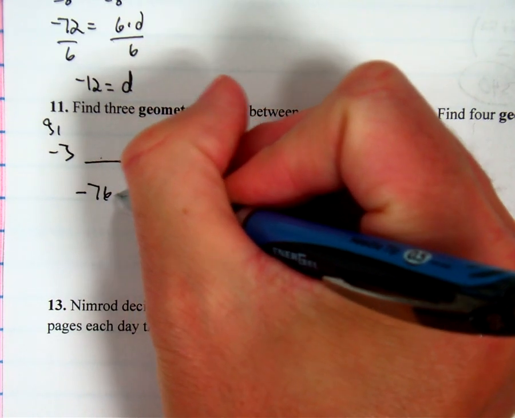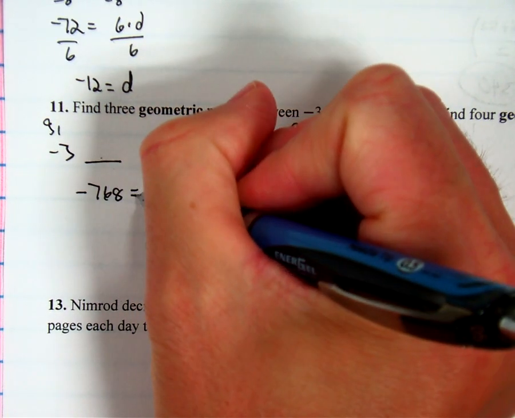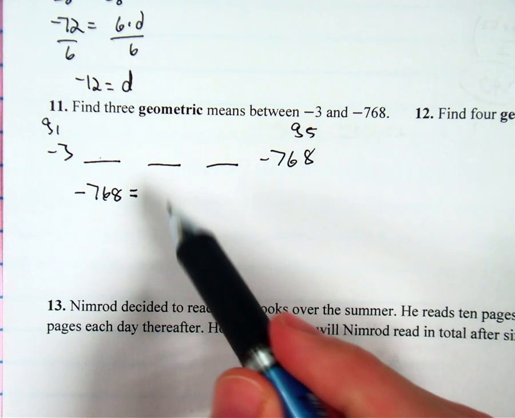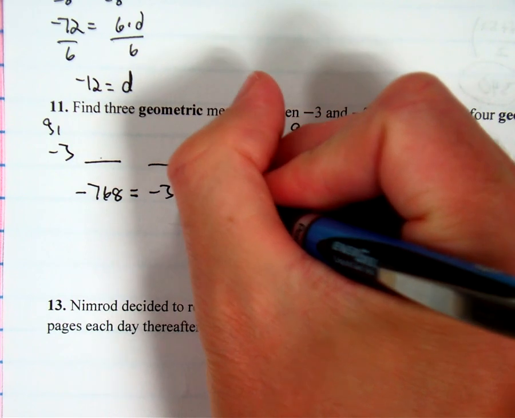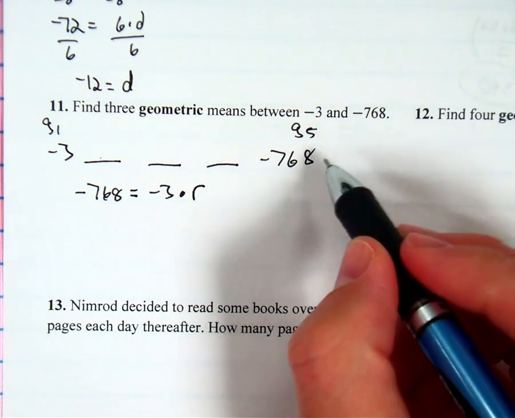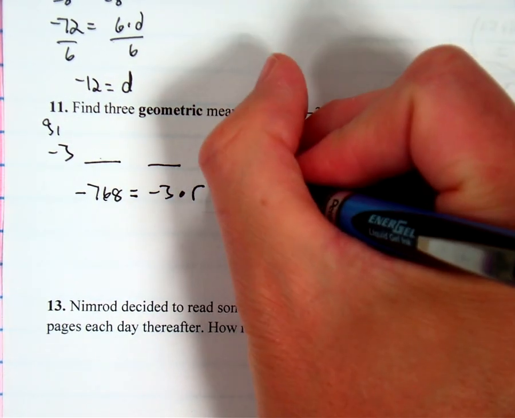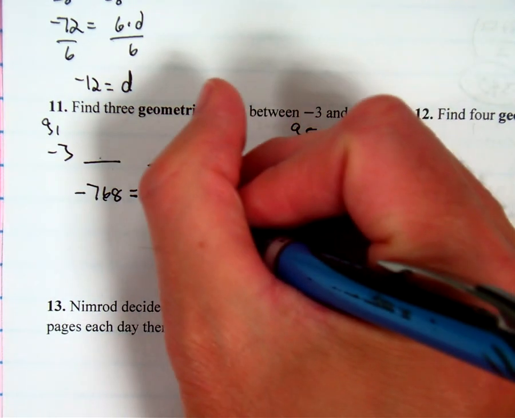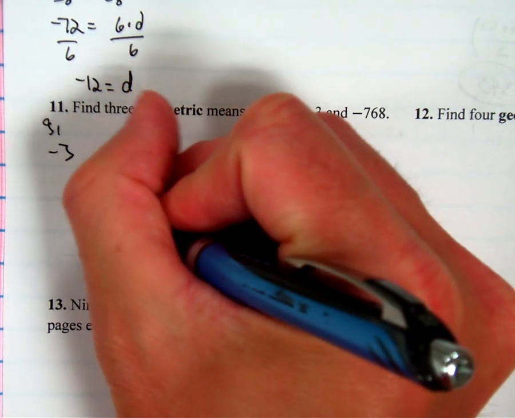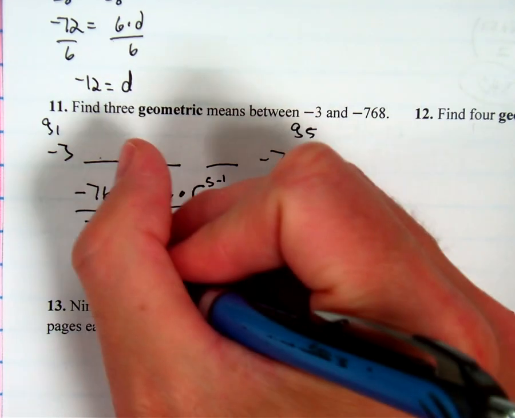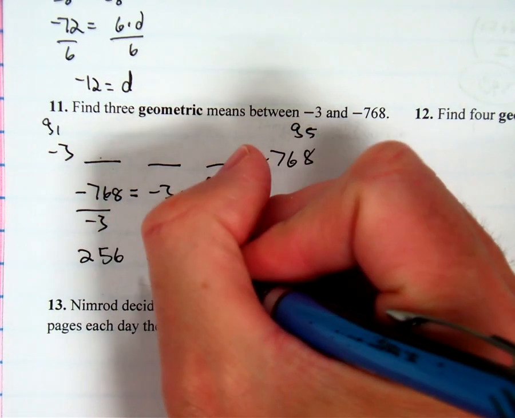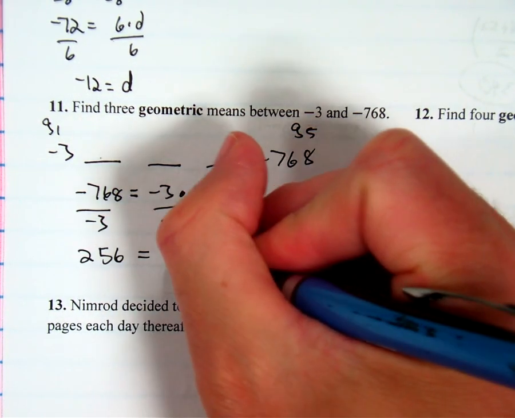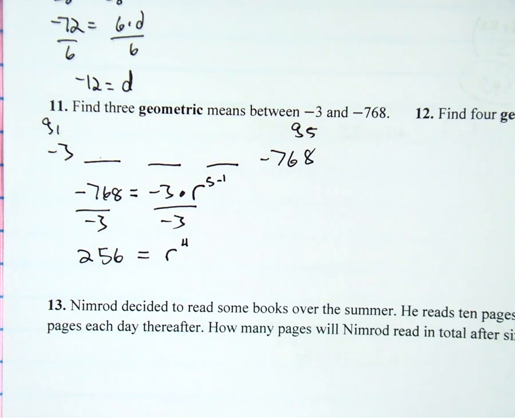Negative 768 equals our first term, negative 3, times the r to the 5 minus 1 power. We're going to divide by negative 3. We got 256 equals r to the 4th.